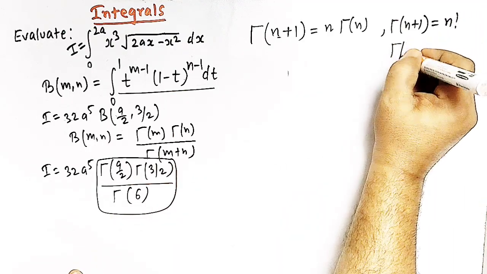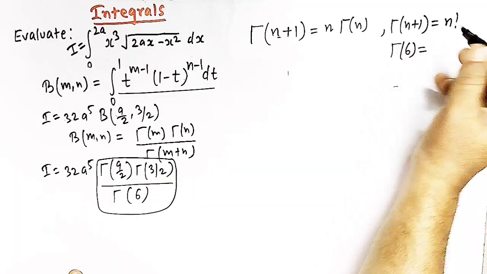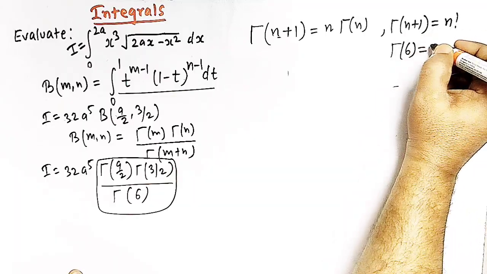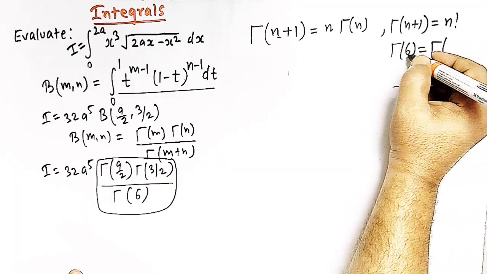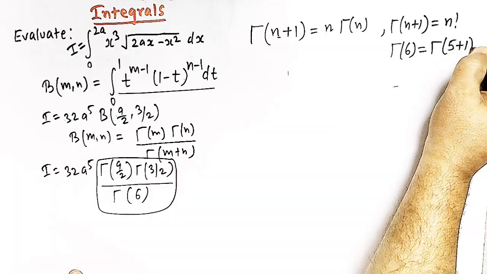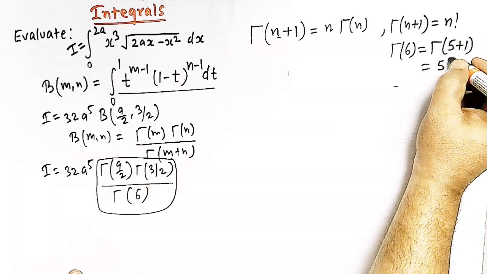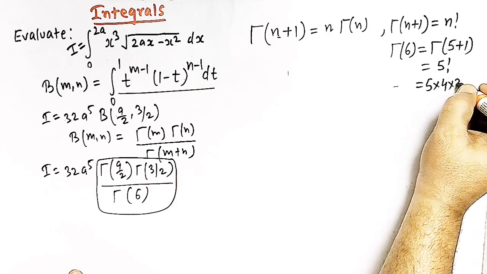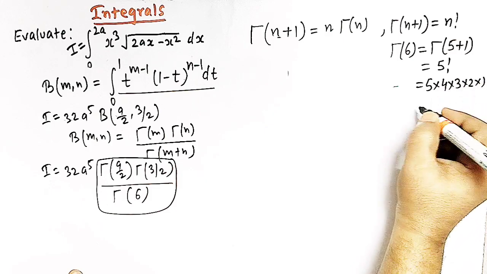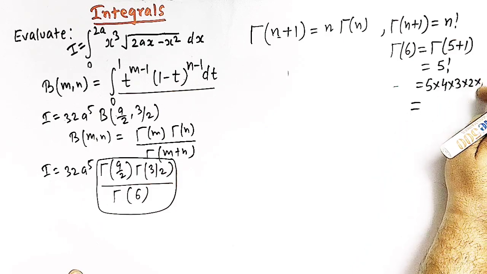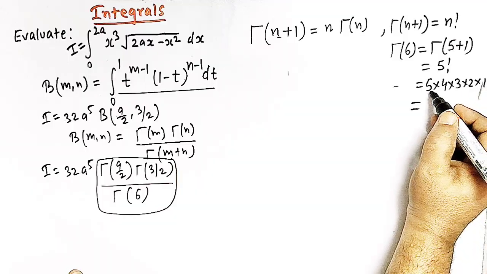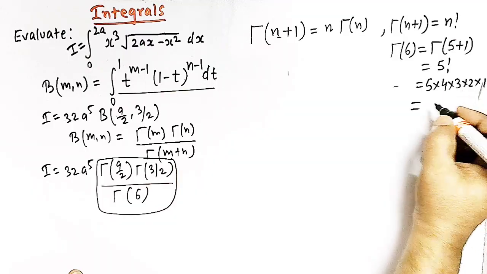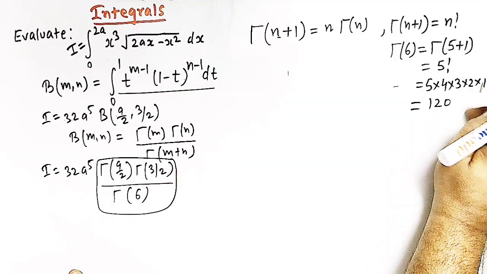So gamma 6 can be evaluated by using this result. We can now write 6 as 5 plus 1. So here we have 5 factorial, that is 5 times 4 times 3 times 2 times 1, and that is equal to, this is 20, 60 and 120, right?